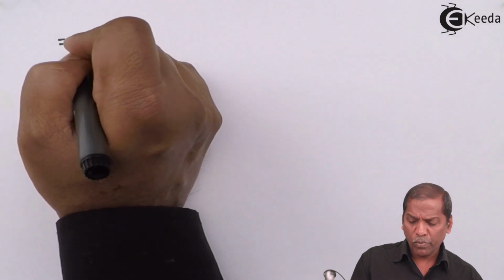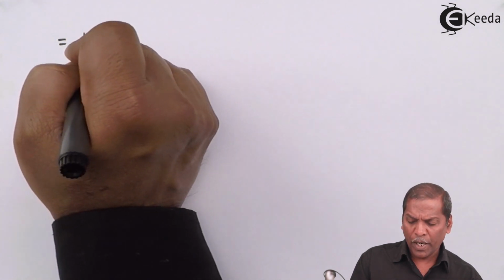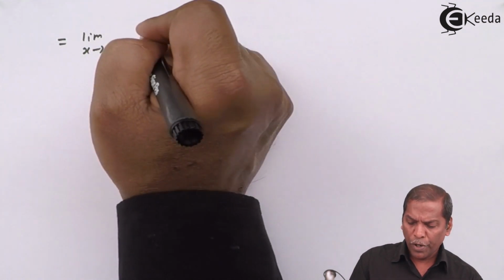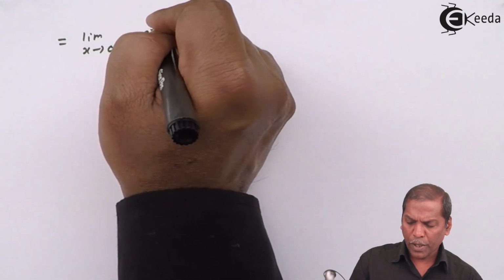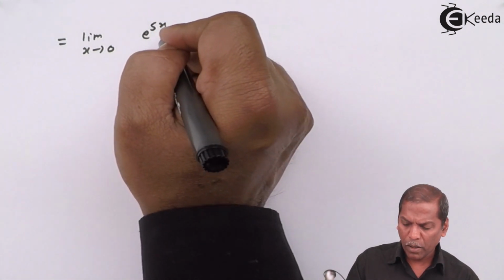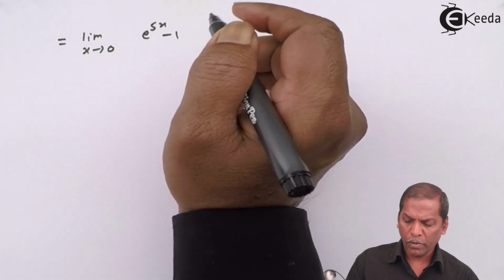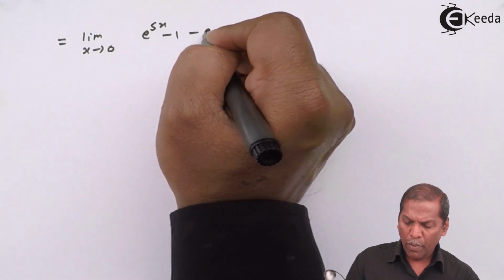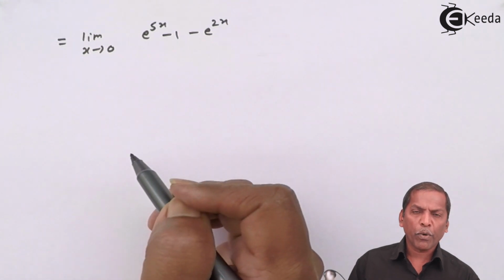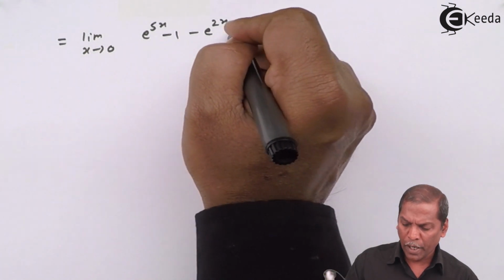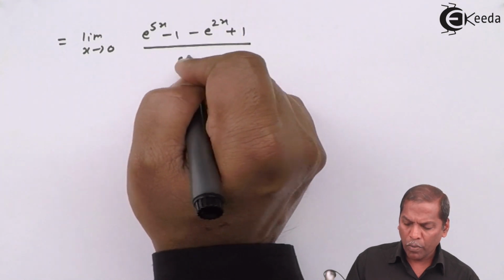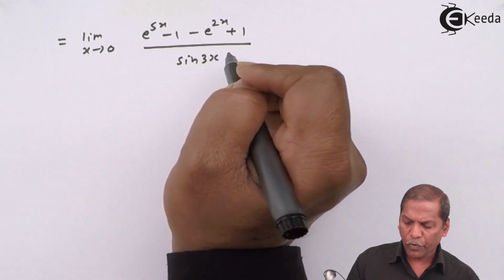So that equals limit x tends to 0. Now here e^5x is a positive term, so we write minus 1, and minus e^2x is a negative term, so we write plus 1, upon sin 3x.